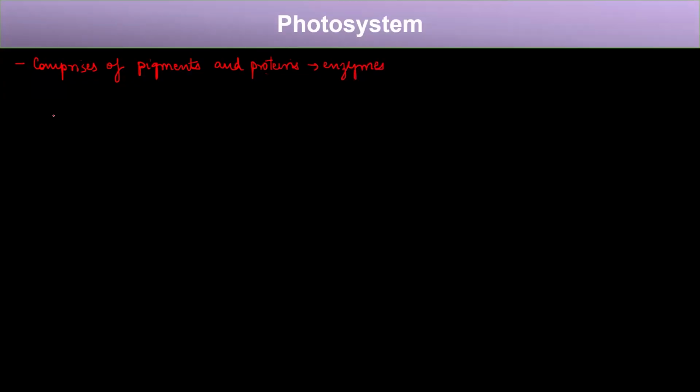So if we have to divide the photosystem, which I am representing by PS, it has first the light harvesting complex, represented by LHC. Second, the photosystem has electron carriers.